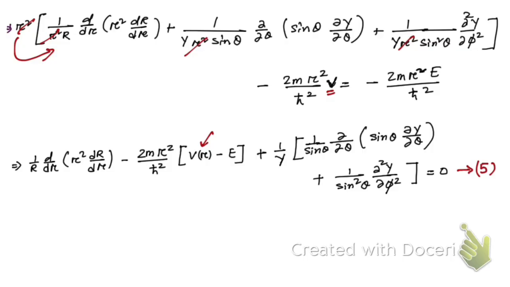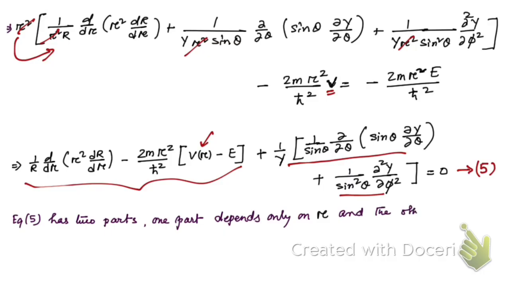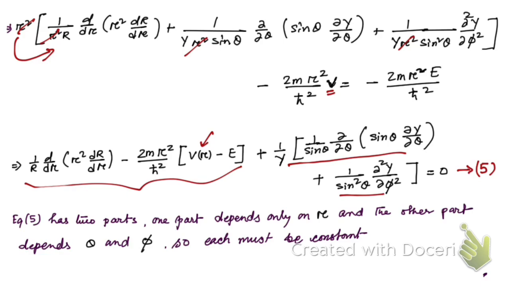Now here you see this equation has two parts. One part depends on r only. This first part depends on r only, and the remaining part depends on theta and phi both. Each of them must be a constant, because these two parts are independent.